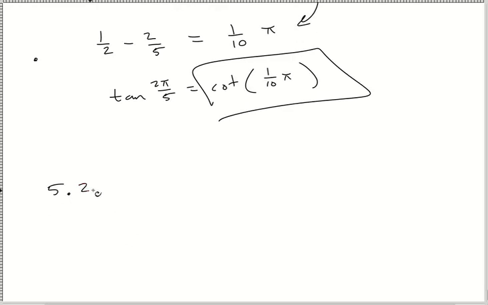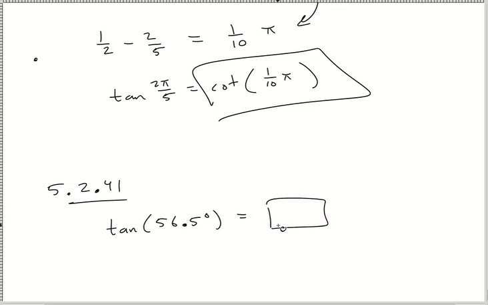The next couple are wanting you to use your calculator legitimately. And so I've got tangent of 56.5 degrees is equal to what? Round to, I don't know, 3 decimals, 2 decimals, 4 decimals, 6 decimals. So I put tangent in 56.5, enter, and I get, hold on, I want to find the mode.